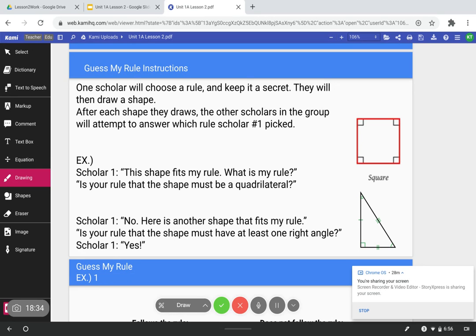Is it that your shape must have at least one right angle? Yes. So we can see that although this square is a quadrilateral, and this triangle obviously has 3 sides, what they have in common is the right angle. So we know that the rule is that the shape must have at least one right angle.